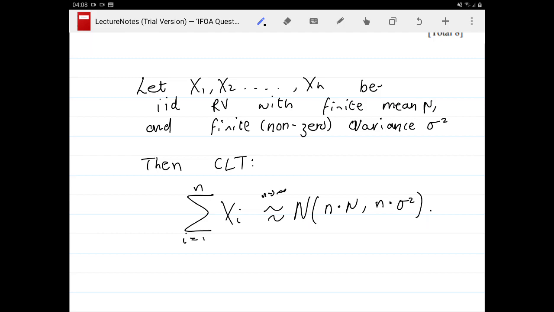So that's just the central limit theorem in terms of the sum, without any other information about our Xi's.